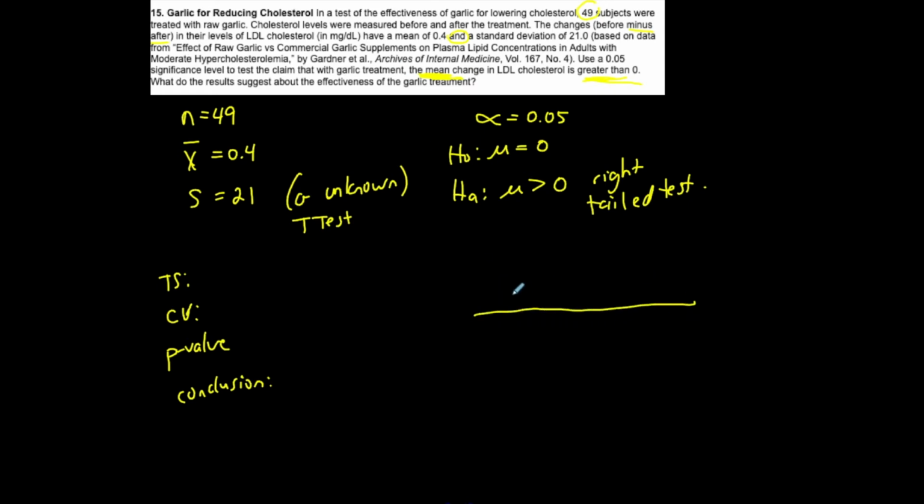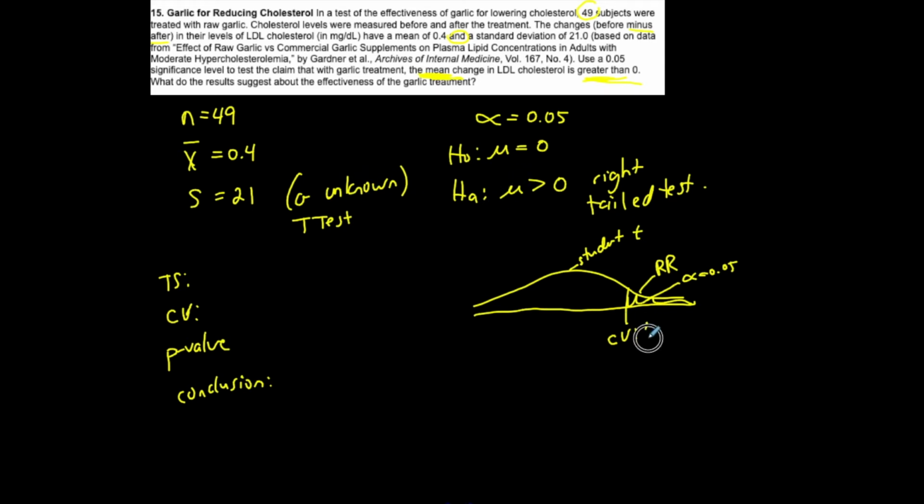Critical value corresponds to a rejection region, or critical region. And if it's a right-tailed test, that critical region is in the right tail. The area of the rejection region is alpha. This is the same thing as in the last section. This part did not change. The critical value is the value separating this rejection region from the rest of the curve. What is this curve? It's a student t-distribution curve. How do I know? Sigma is unknown, and I'm testing a claim about a mean.